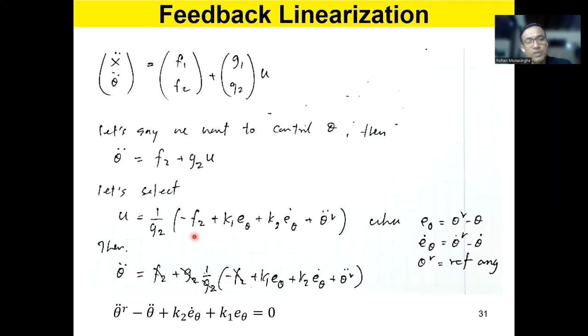Now, when you bring this to the equation over here, you can write this equation again as over here. Theta double dot is equal to F2 plus G2 times U. U is this term over here, and you put it over here. Then you see that G2, G2 cancel out, then F2, F2 cancel out.